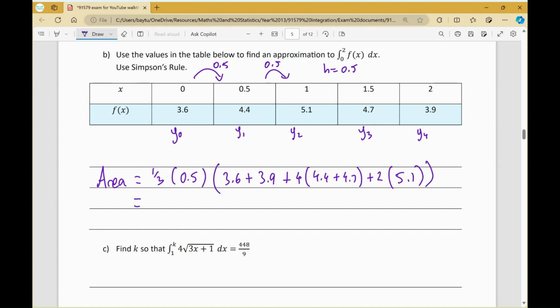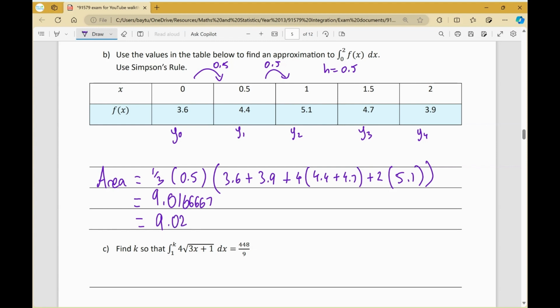And we'll work out what that gives us. And what that gives us is 9.0166667, which I think we can just call 9.02.